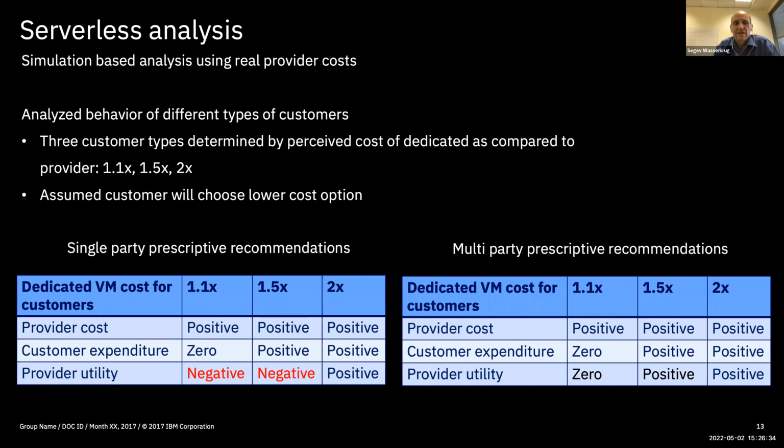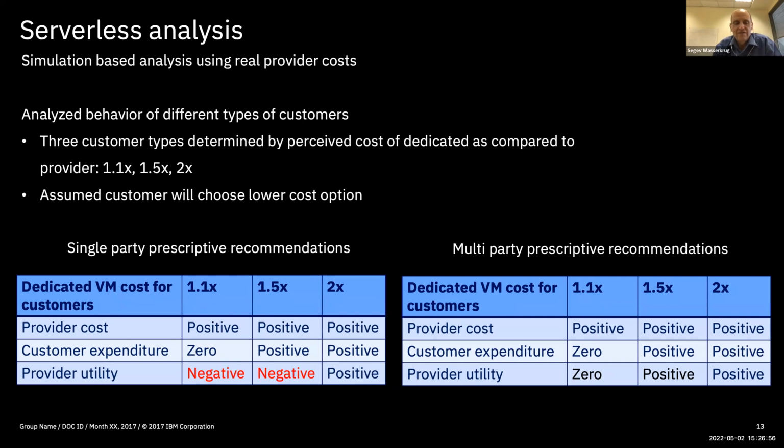But we assume that the client will always choose a lower cost option. And we show that if you do take the multi-party recommendations into account, then the cloud provider will never lose, specifically never lose money on the allocation decision for the serverless.